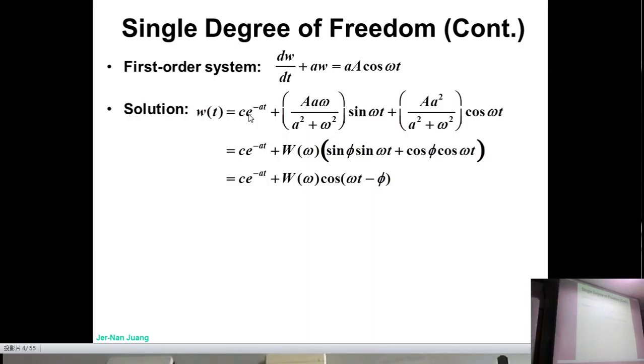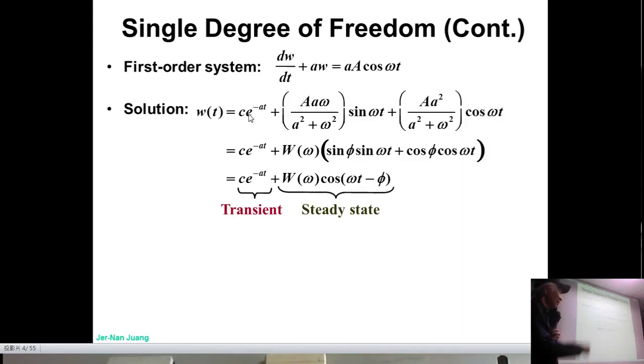So that's what we call the transient solution, transient response. Now, transient response means that solution does not come from the forcing function. And the steady state response is the term from your forcing term, from your force.